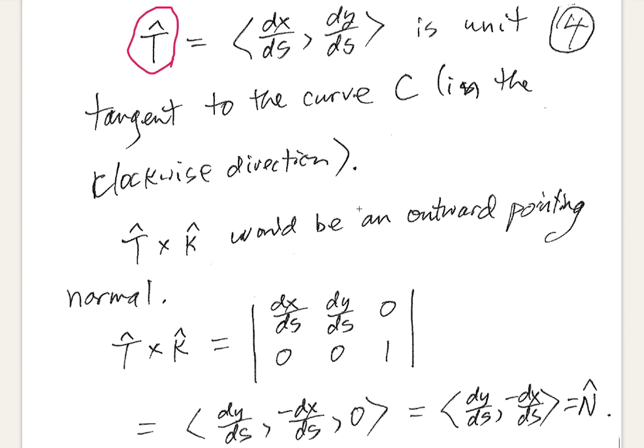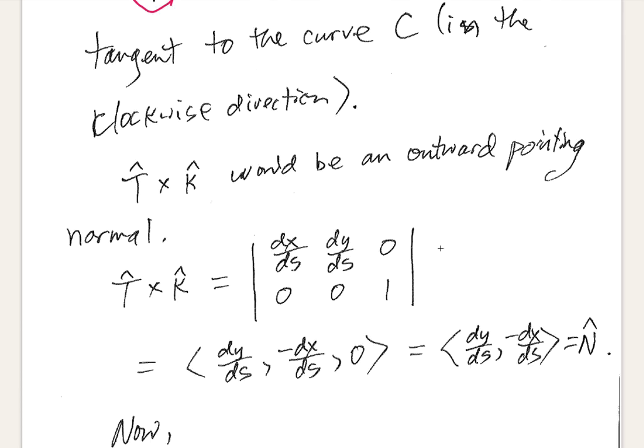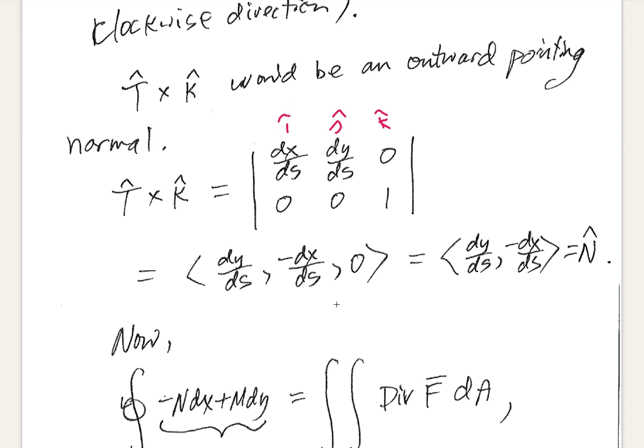And if I actually take the cross product of that with k, you see that? That would be this vector, if you like your ijk's in here, like some people do. T cross k is dy over ds, negative dx over ds, comma 0.